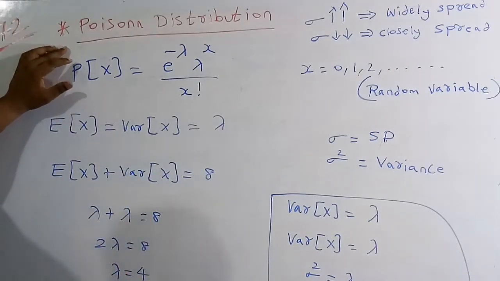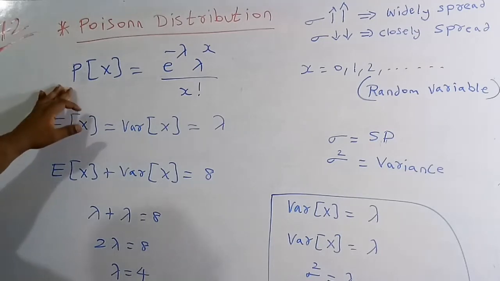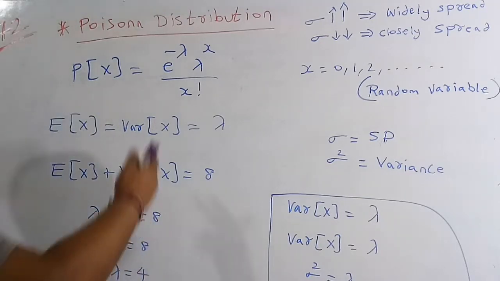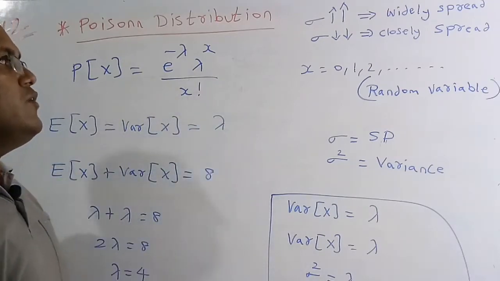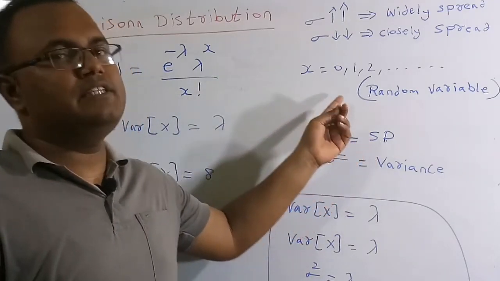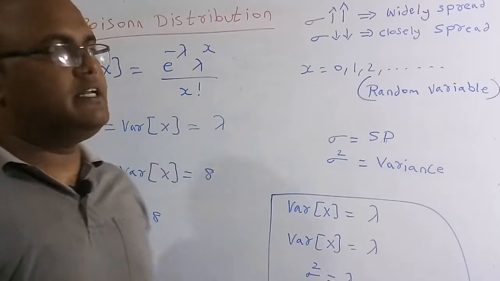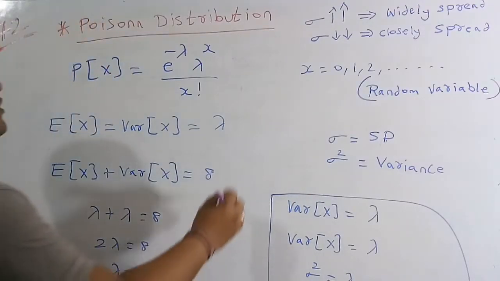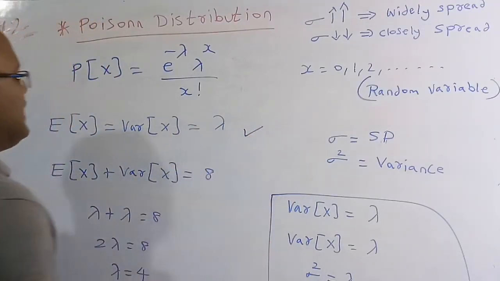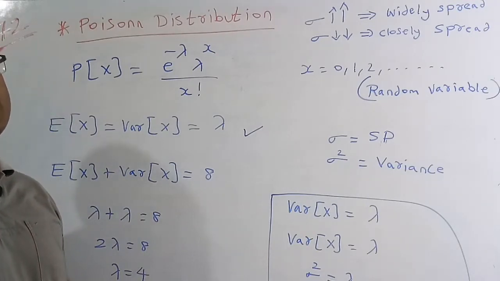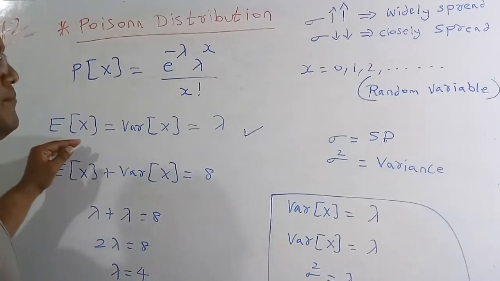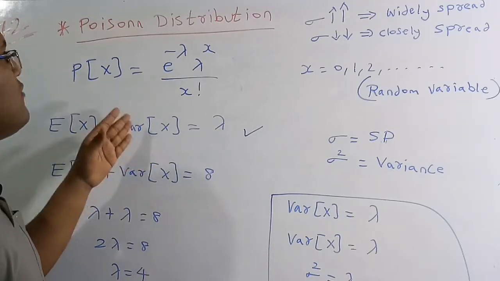As I've already told you, in the Poisson distribution, the probability of a random variable is equal to e to the power of minus lambda into lambda to the power of x by x factorial, where x is a random variable whose range is from 0, 1, up to infinity. Therefore, in the Poisson distribution, the expectation of x is equal to the variance of x; the mean value and the variance value are always equal.